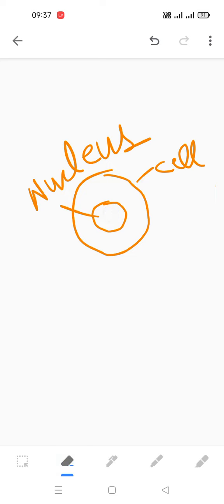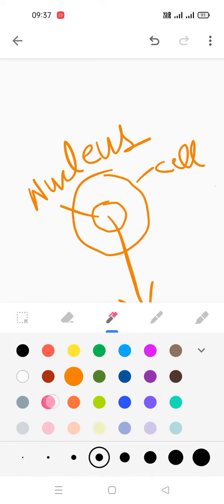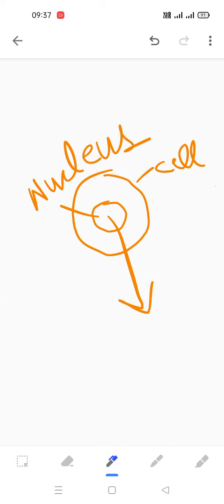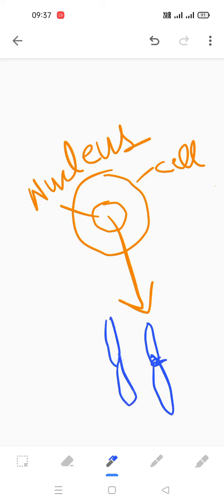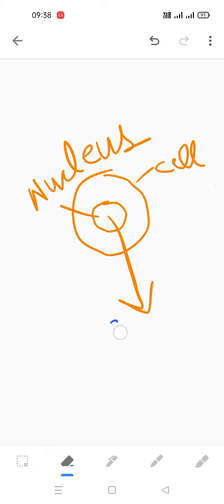let me draw here. You have this type of structure, in a very coiled form, in a very much condensed form, isn't it?